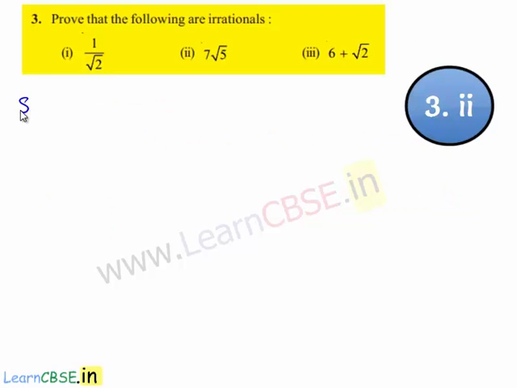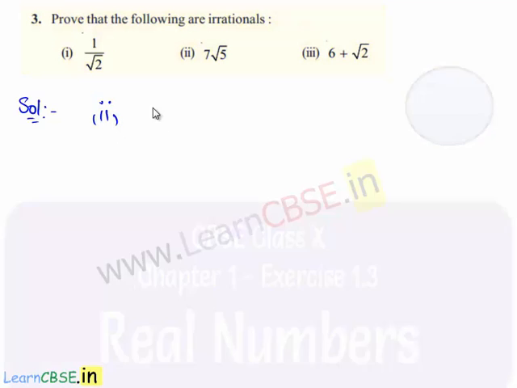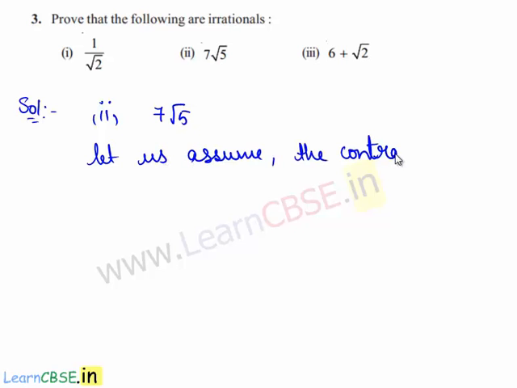Now let us move on to the solution of the second bit. In the second bit, we need to prove that 7 root 5 is an irrational number. So to prove 7 root 5 is an irrational number, let us assume the contrary. That is, 7 root 5 is a rational number.